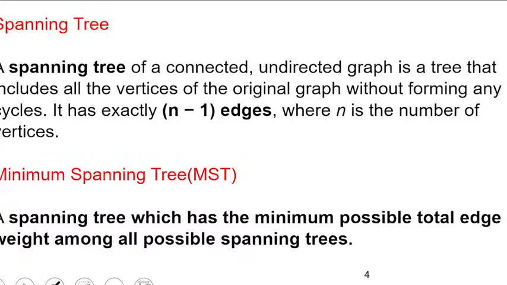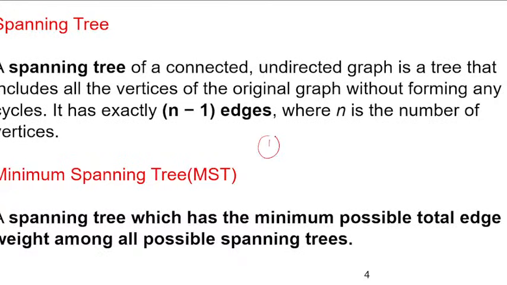A spanning tree of a connected, undirected graph is a tree that includes all the vertices of the original graph without forming any cycles, and it has exactly n-1 edges, where n is the number of vertices.